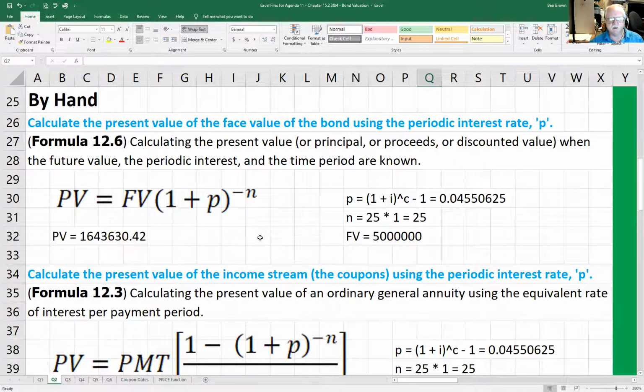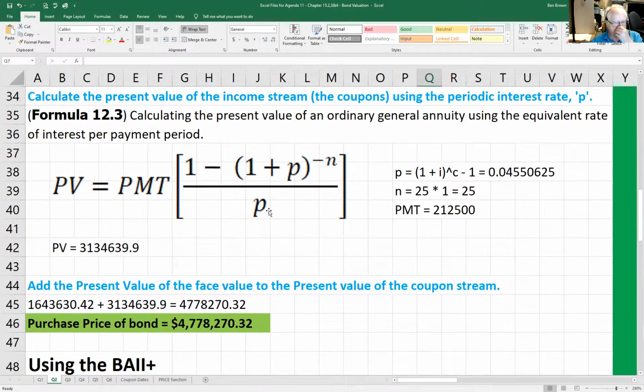So when we do it by hand, it's roughly the same formula, but we're using the value of P, and we have to do one calculation to find the present value of the bond, and a second calculation, also using the value of P, to find the present value of the coupons.